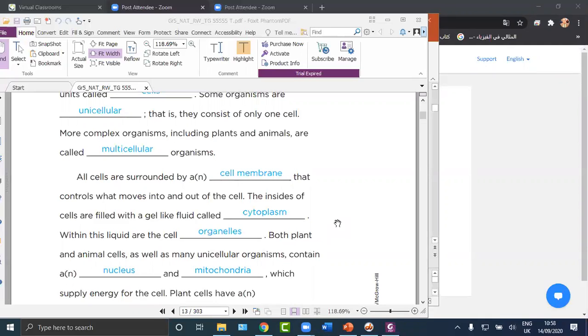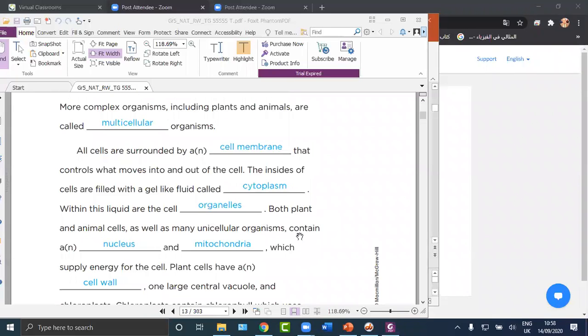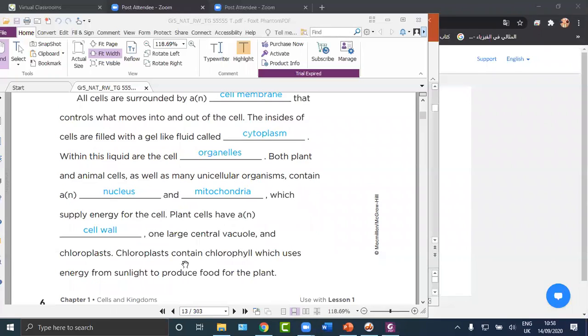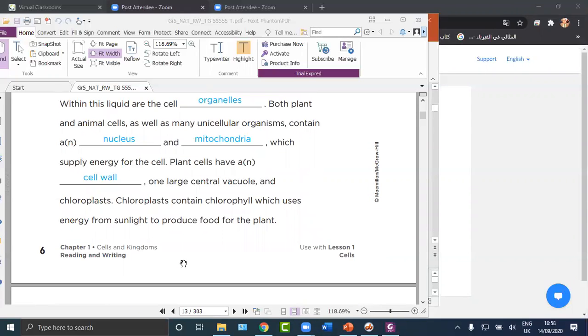Are you not following us? Look to the screen. Plant cells have a... Read the screen. Okay. Transfer the model answers. All students, you have to transfer the model answer and correct your mistakes, if you have any.